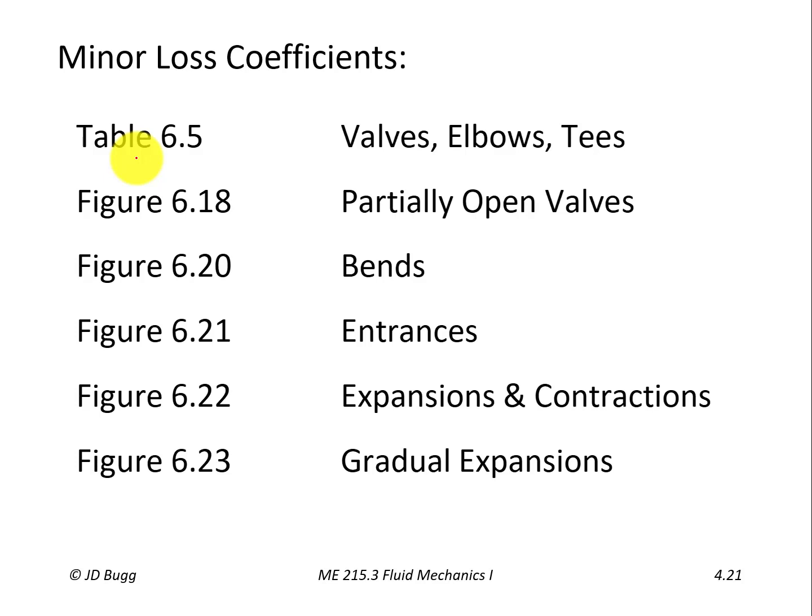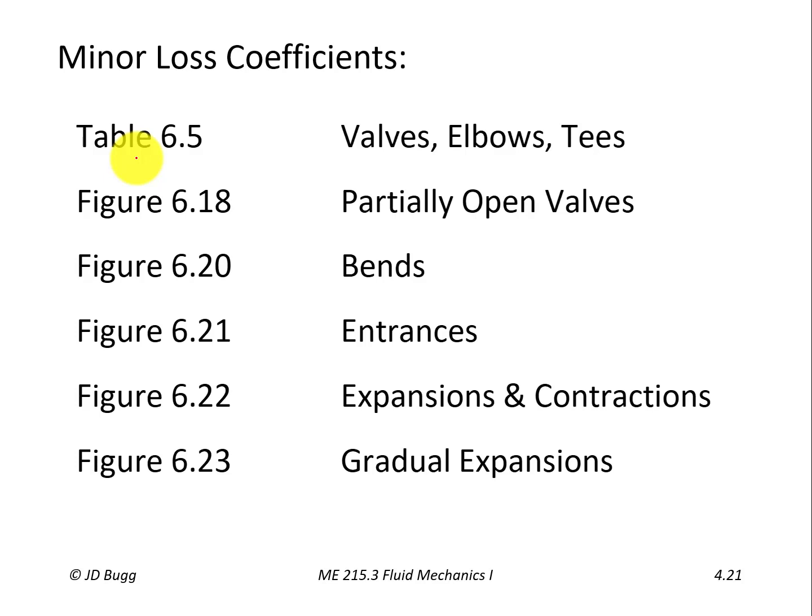Now, the other scenario that you might be faced with is you're working for a company that is actually producing or manufacturing fittings. Maybe they're manufacturing valves or elbows or T's. And your task as an engineer might be to figure out what the minor loss coefficient is. So you might be the one actually writing these catalogs that I'm telling you to go look at. Well, the way you would do that is you would do it experimentally.